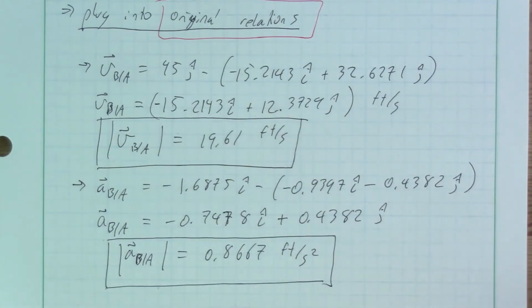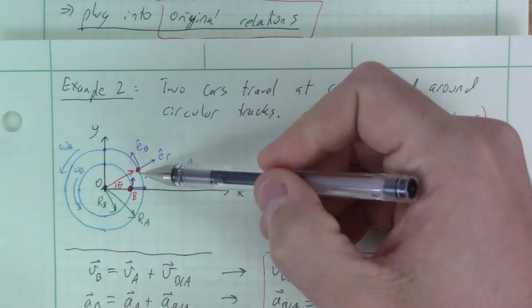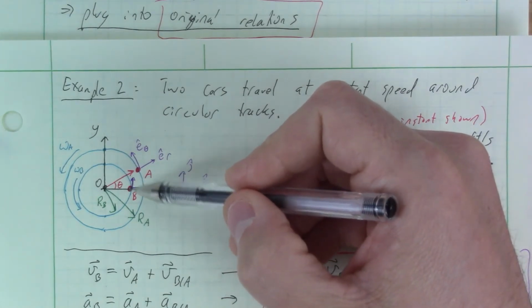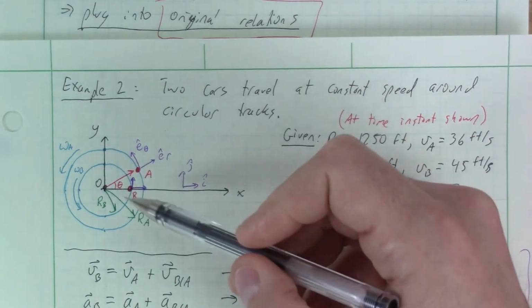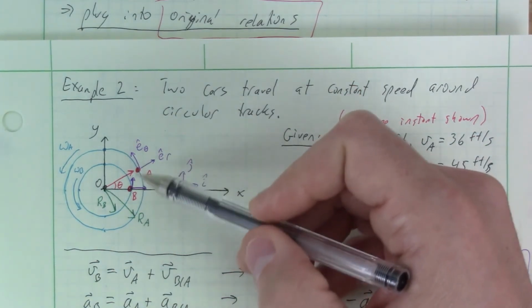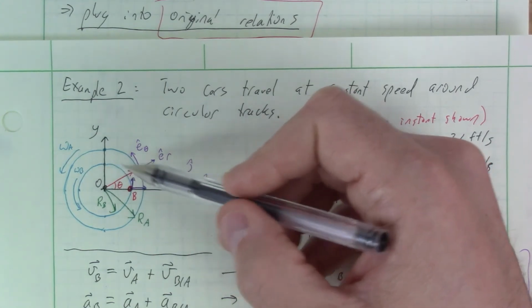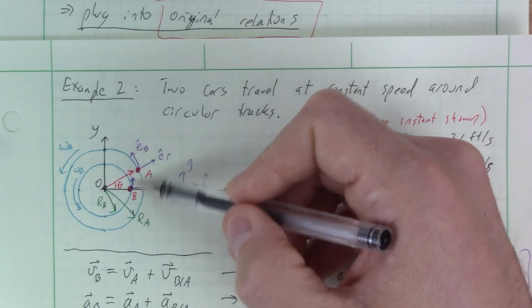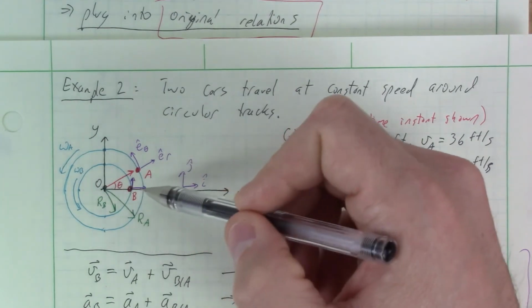Okay, so from A's perspective, as B starts moving at this point, it's going to start moving that way. Well, at this instant, though, it's moving straight up and down. So it doesn't matter that it's going to be trending along a path. That has to do with its acceleration at this point. Its instantaneous velocity is in the j hat direction, absolute, from the absolute O's reference frame.